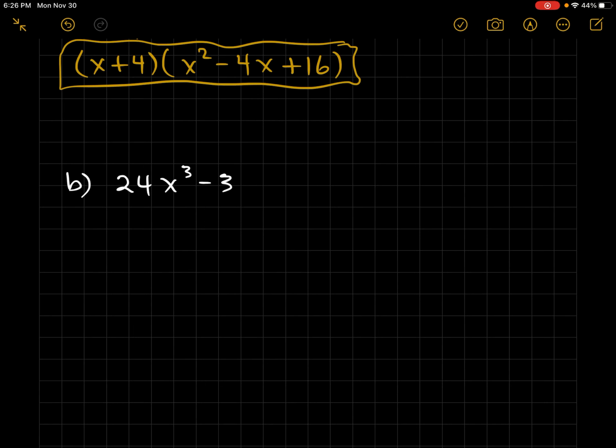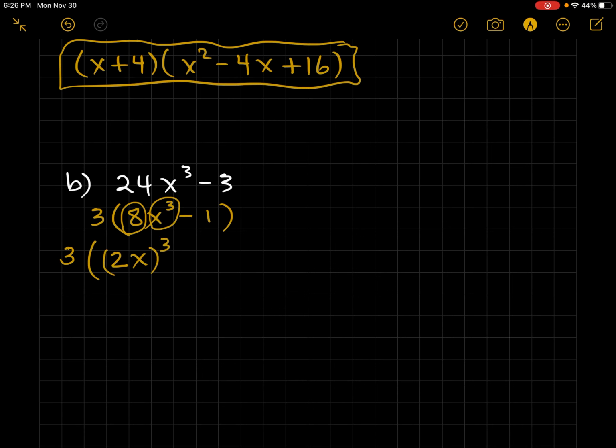What's the first thing you look for? GCF. And I see I have a GCF of 3. So I end up with 8x cubed minus 1. And now I'm down to 2 terms, and I start looking for the cube roots. The 3 is still out there. The cube root here is 2, and the cube root here is x.